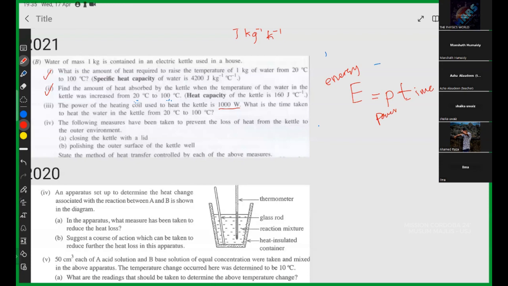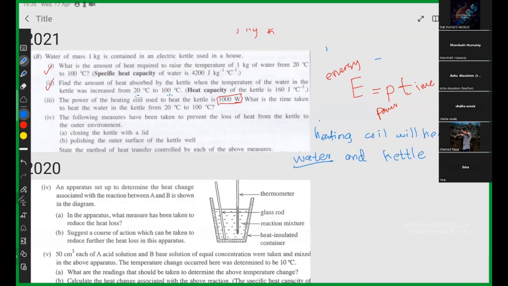So what are they telling you? The power of the heating coil is 1000 watt. So that heating coil will heat not only water, it will heat the water and the kettle also. How much heat was needed for water?